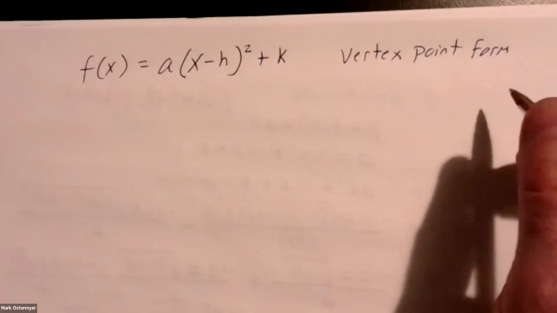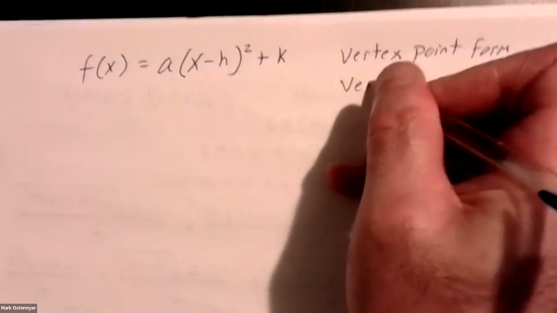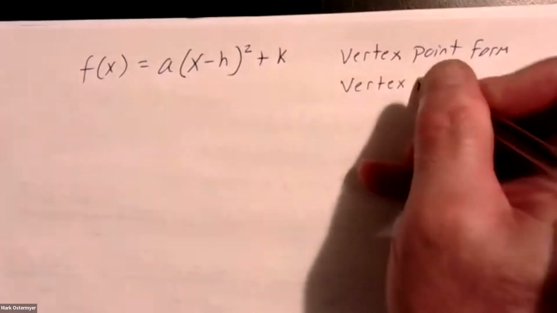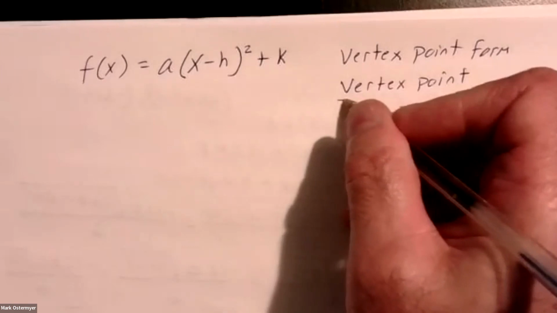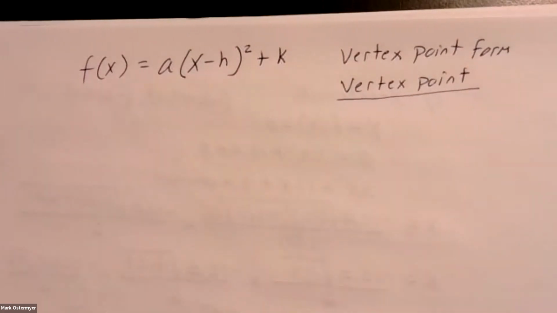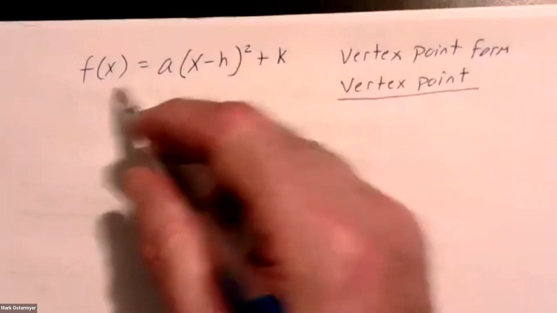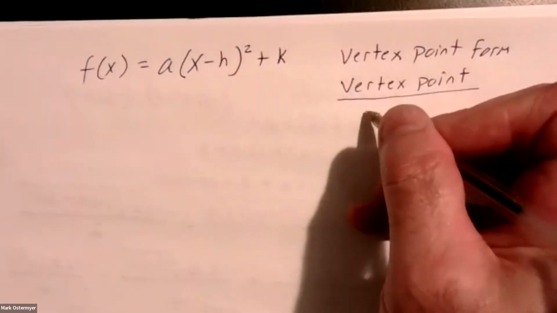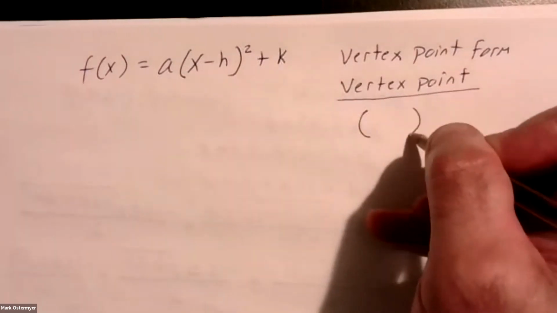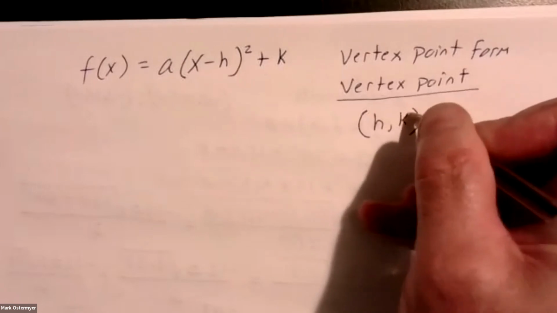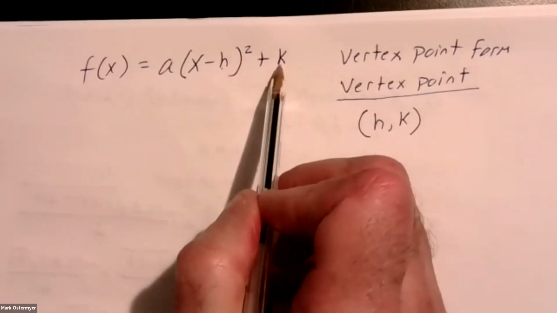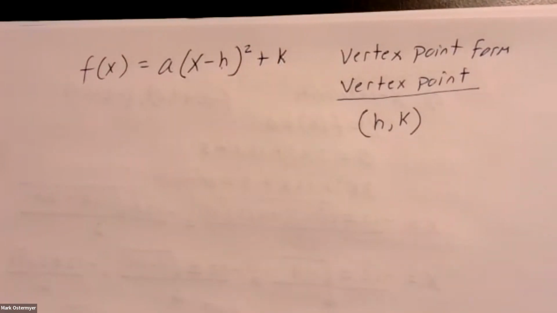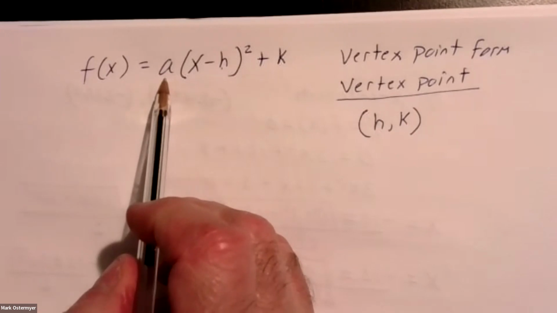It's in vertex point form because we can literally read off the vertex point from the equation. Unlike the general form, where we have to actually use that formula to compute the coordinates of the vertex point. But when the quadratic function is written in this form, the vertex is going to be the ordered pair (h, k). h is the x coordinate, k is the y coordinate of the vertex point. That's why we call this vertex point form. And this number a is the same number a as it was in the general form.